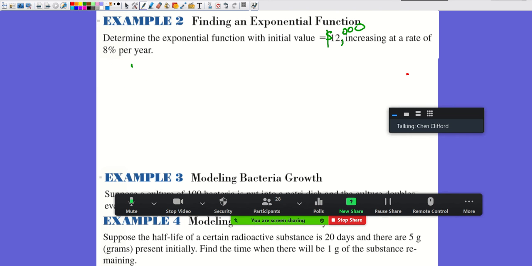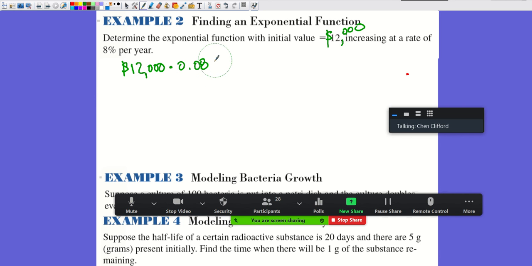you're going to get 0.08 dollars. I'm sorry, I misspoke. You're going to do 0.08 times 12,000 to get how many dollars of interest you got from that bank.